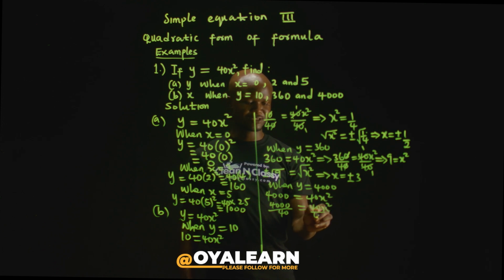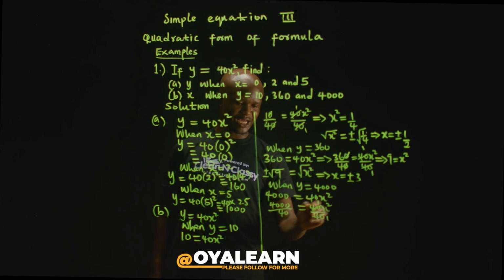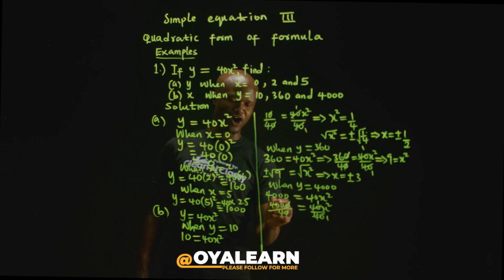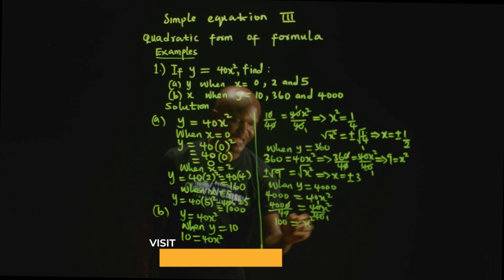Let me look at the left-hand side first. 0 cancels 0, then 400 divided by 4, what will you have? 100. So 100 equals x squared.